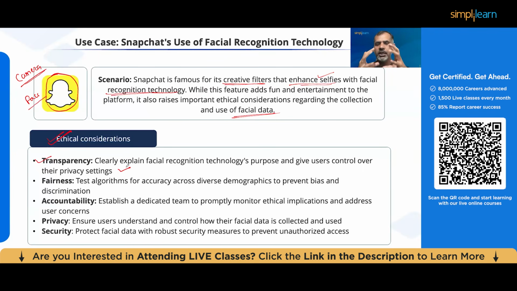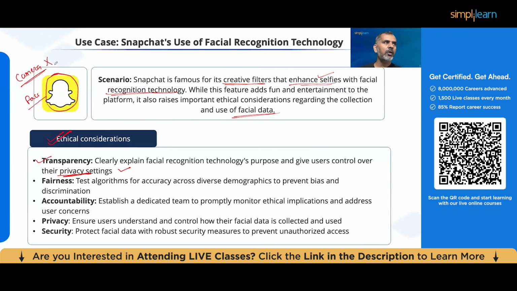Whenever we release such features in our applications, we have to clearly explain what technology they are using to play with your facial image, and give users the power to control whether they consent to use their face for these purposes or not. So it gives full control over the privacy settings. If the user is not interested, they can deny camera access for this particular application.